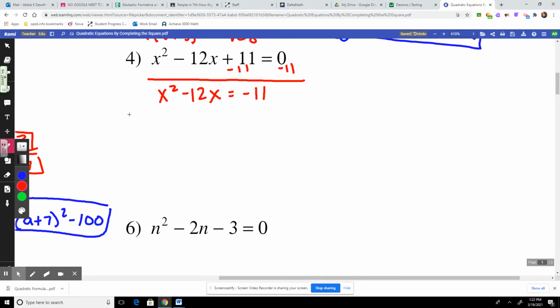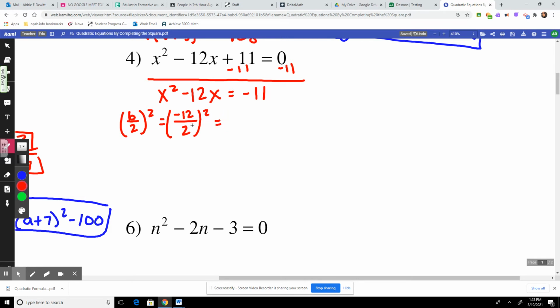I'm going to divide my b value by 2 and square. My b value in this case was negative 12 divided by 2 squared. What's negative 12 divided by positive 2?